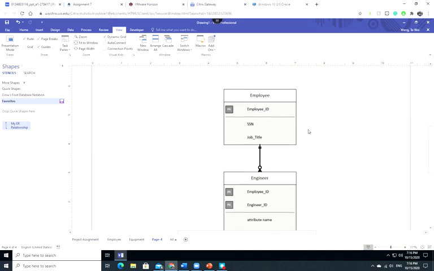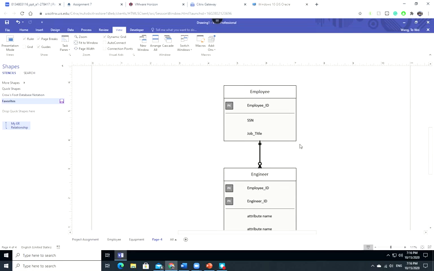And the other thing is that the decision on entity and attribute a lot of time is arbitrary by the system designer, meaning that you and me, we are the professionals already, right? If you think about the engineer, the job title itself will already represent the concept of engineer.